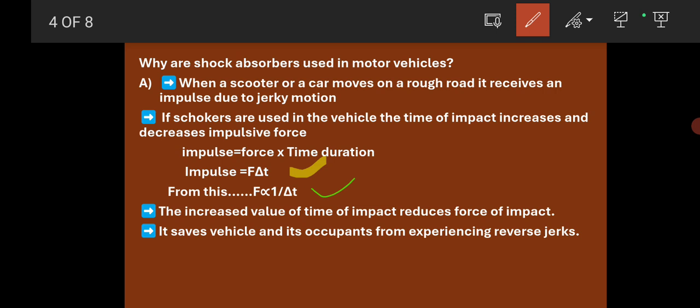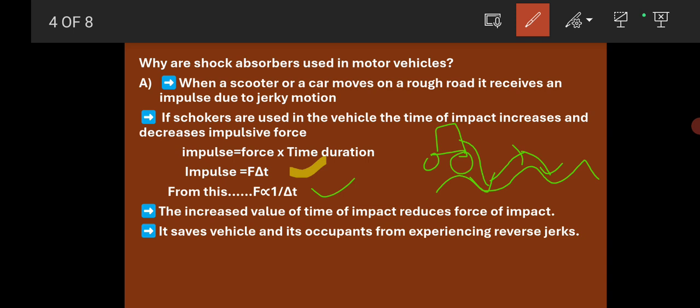Now let us take uneven roads. You will see these tar roads, especially uneven ones. Now a car or a scooter is moving on this uneven road. When the road is uneven, the vehicle has to move accordingly.